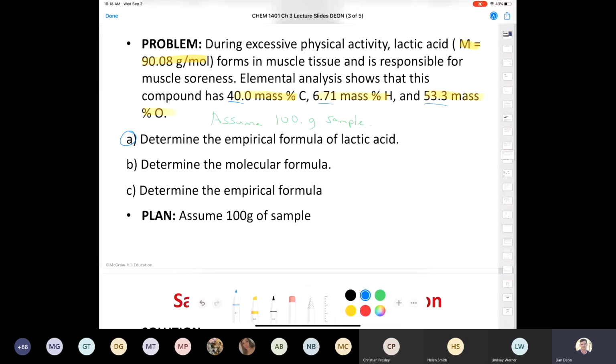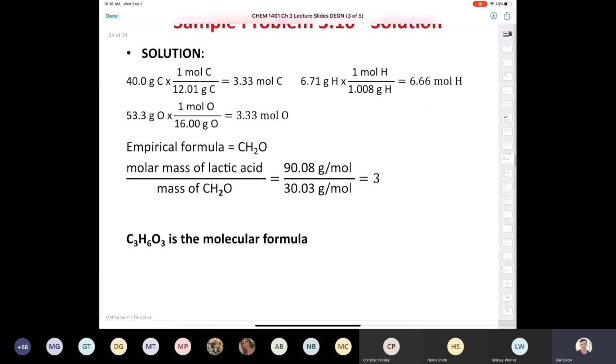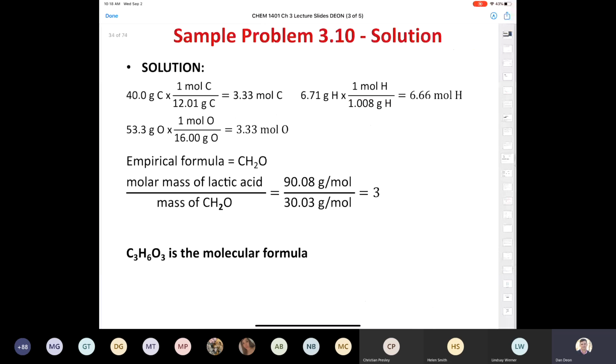I've already started this for us over here. Again, this is assuming a 100-gram sample. All I have to do is take those masses of carbon, oxygen, and hydrogen, divide them by the atomic masses in grams per mole, and I end up with the number of moles of each one of those elements.